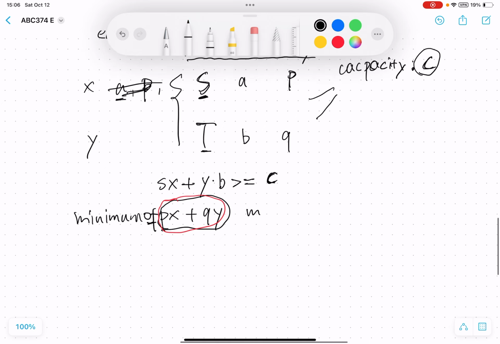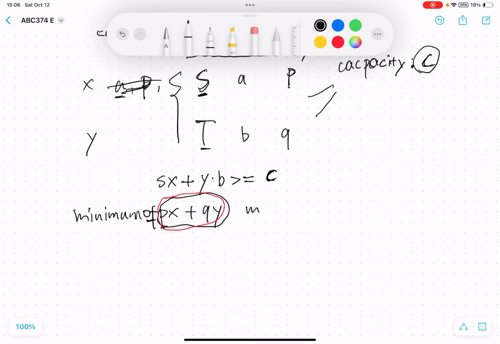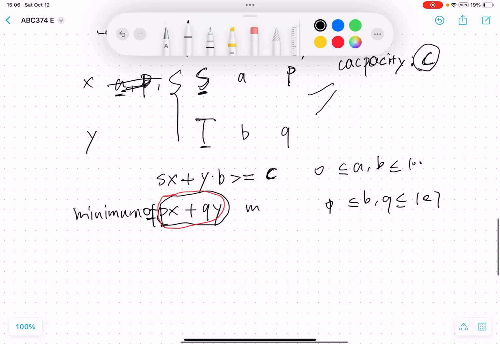Okay, let's talk about the limitation of this problem. A, B, P or Q are between 0 and 100, and at least 1. Okay, this is what we know. Actually, for machine S or machine T, there will always be a better machine because we can calculate the ROI, that means return on investment.